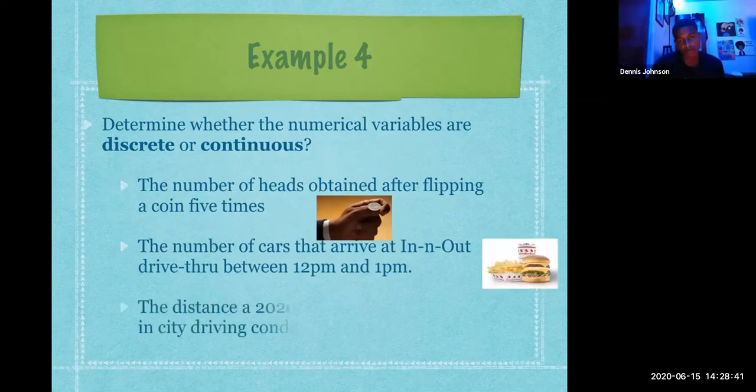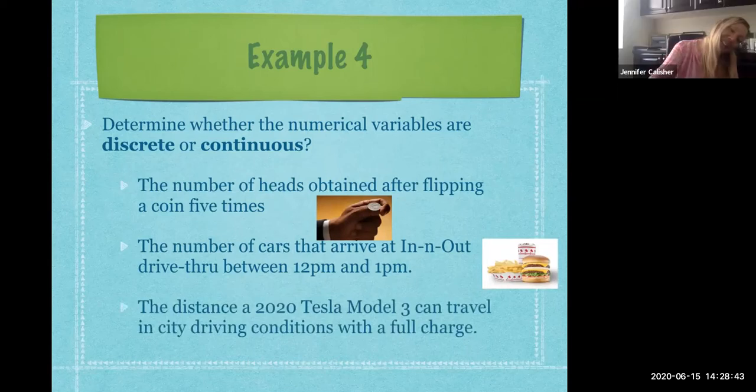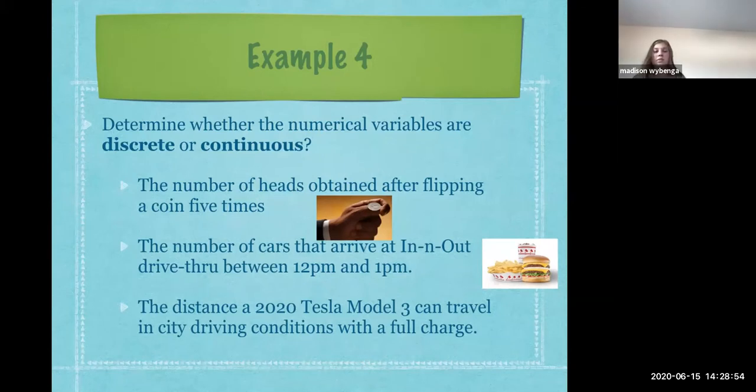Yes. And then the last one is, I can't read it. Who did I leave off on? I think, Dennis, I called on you last. So Madison, can you read the last bullet point for me? The distance a 2020 Tesla Model 3 can travel in city driving conditions with a full charge.